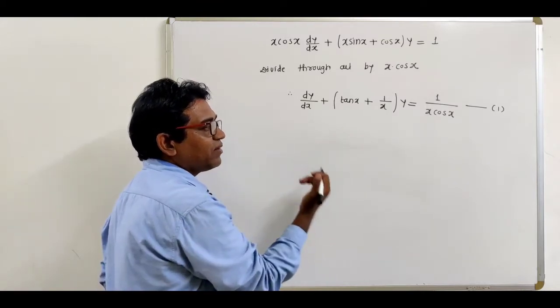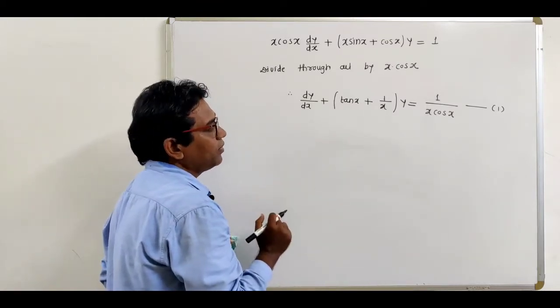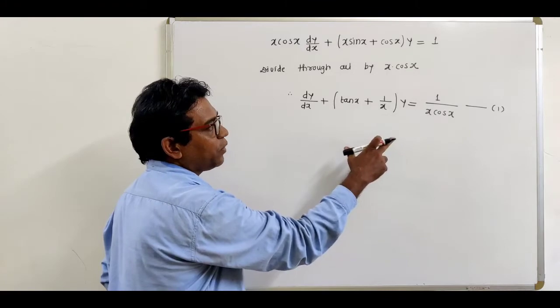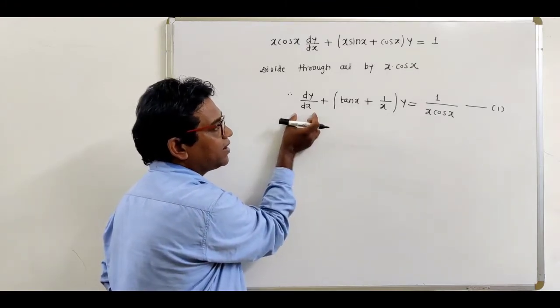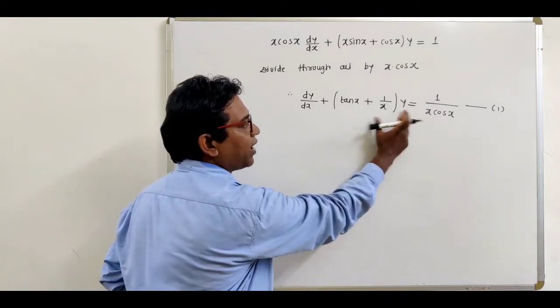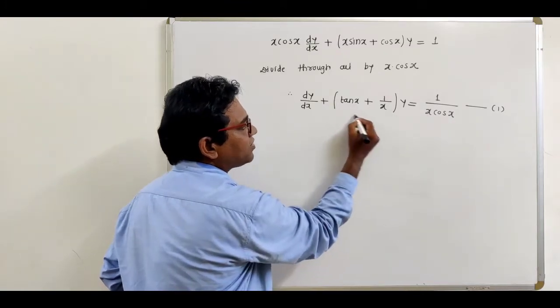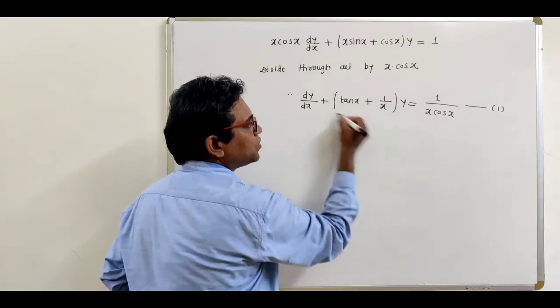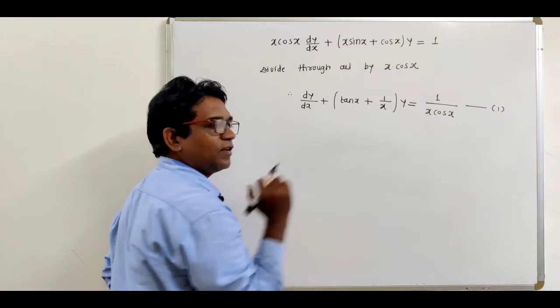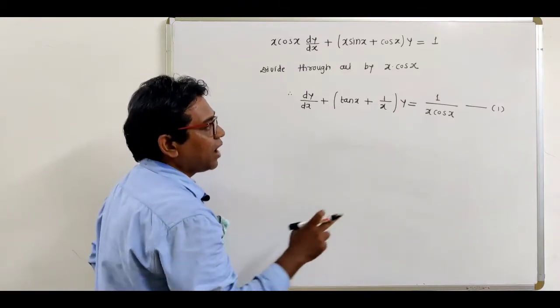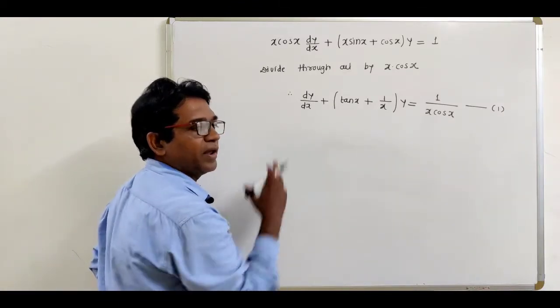So this is in our required form. What is the form? A differential equation of the form dy by dx plus p into y is equal to q, where p and q should be functions of x alone. So this is our linear differential equation.